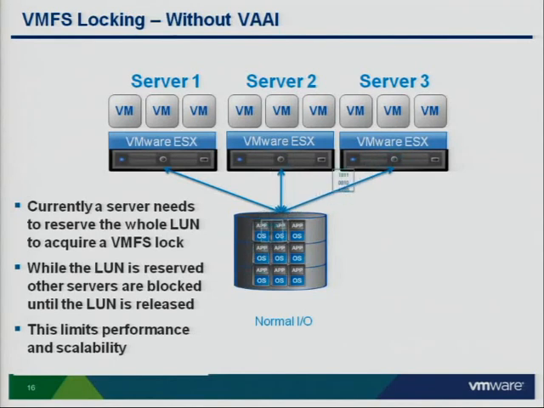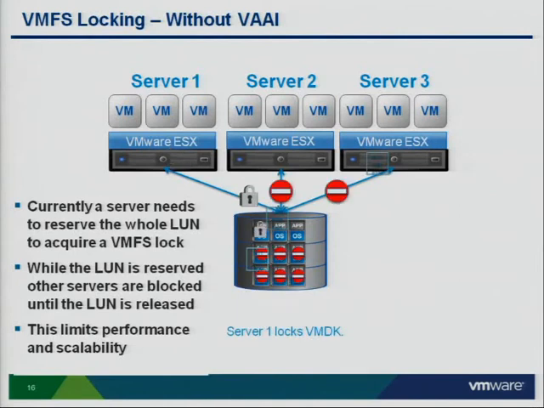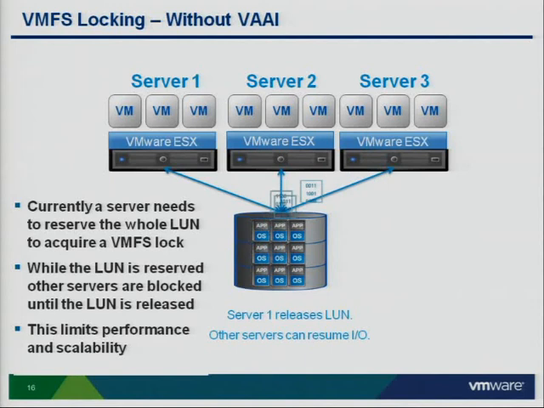At any given time, ESX server 1 would need to request a power on to start a virtual machine. It does the read and acquires SCSI reservations, and it locks the LUN. Unlike ATS, it would have to block out other hosts from LUN concurrent access until it releases the reservation, and you can resume normal I/O.